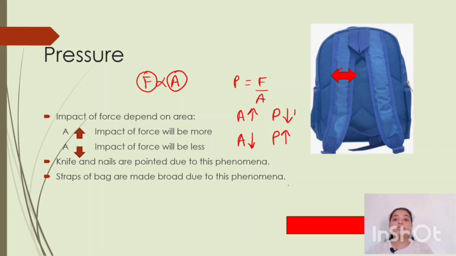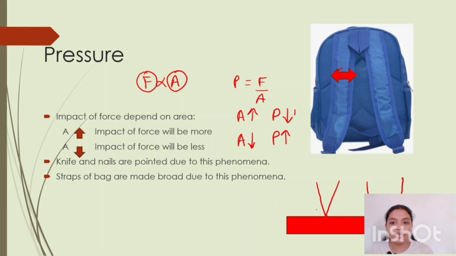Another example is the knife. Everyone has seen the knife, how it has a sharp edge. With the help of that, we can cut fruits and vegetables. Here we have a general ray diagram of a knife. This is a sharp knife and this is a blunt knife. What can we observe here?